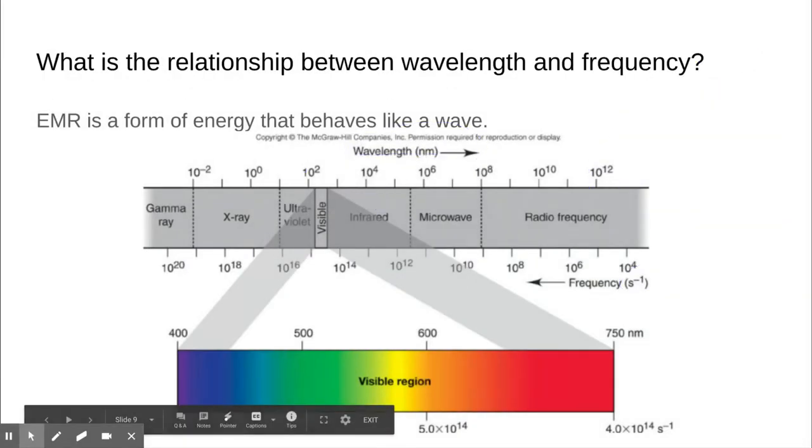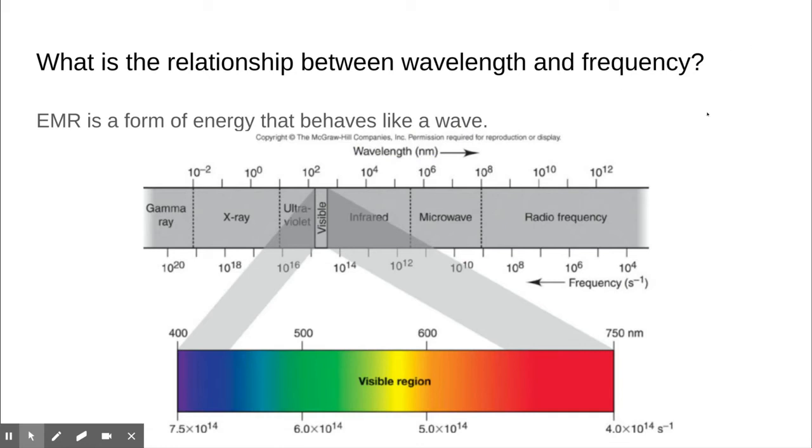One thing that we want you to know is the relationship between wavelength and frequency. This goes back to when we were talking about dependent and independent variables, not exactly the same way, but when we ask for a relationship, we want a statement like this: when the wavelength does something, the frequency does something else.